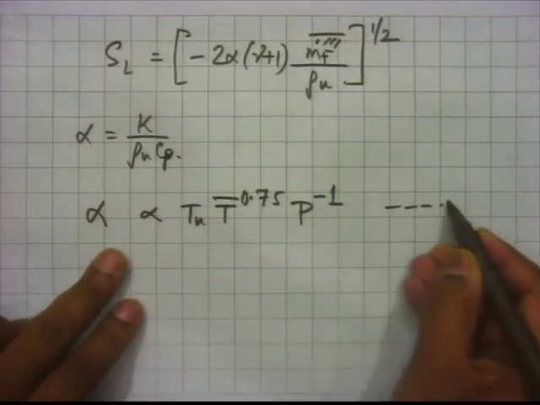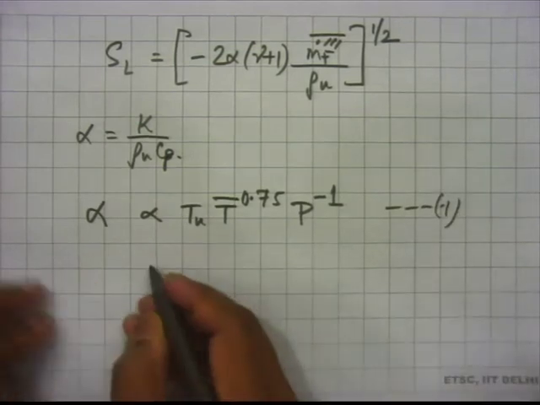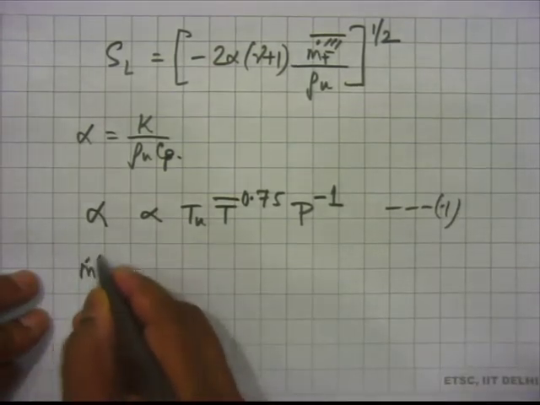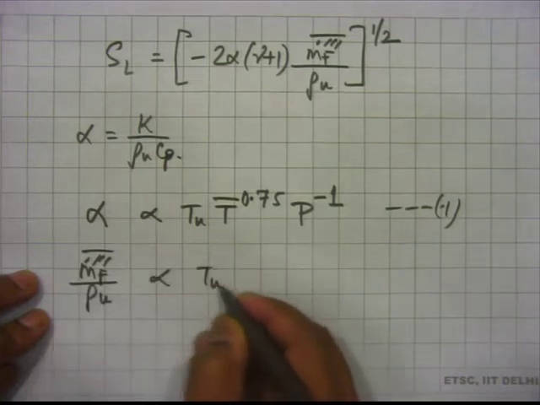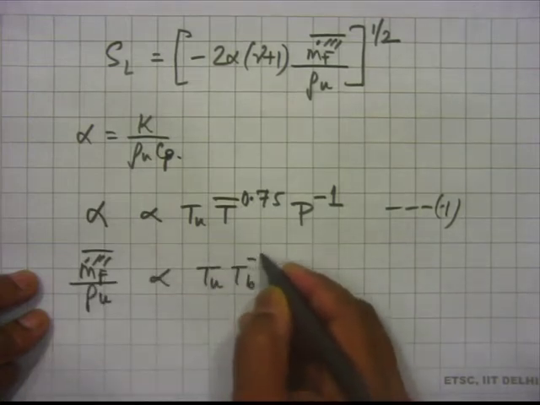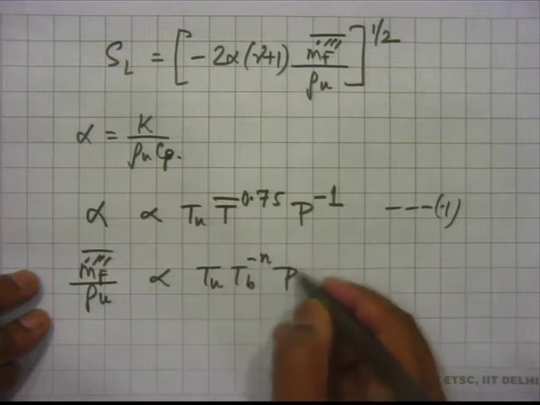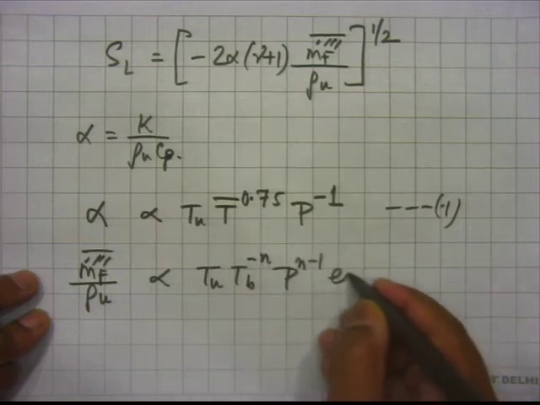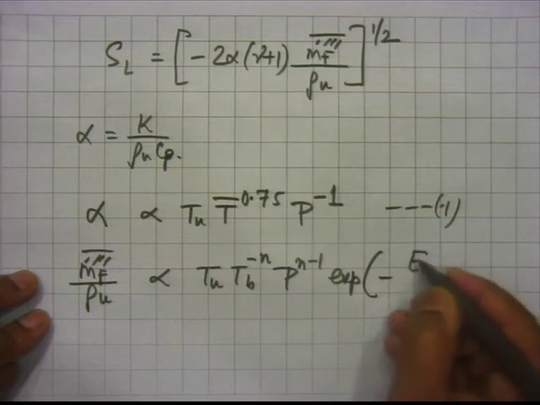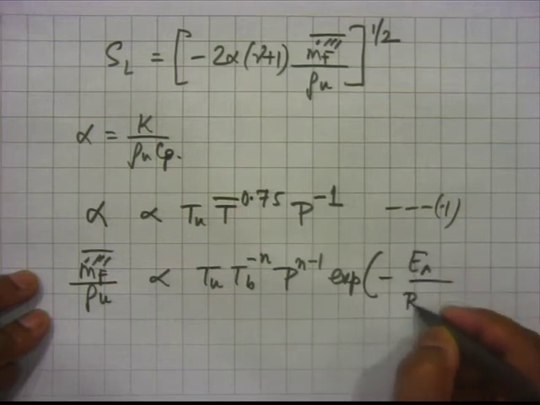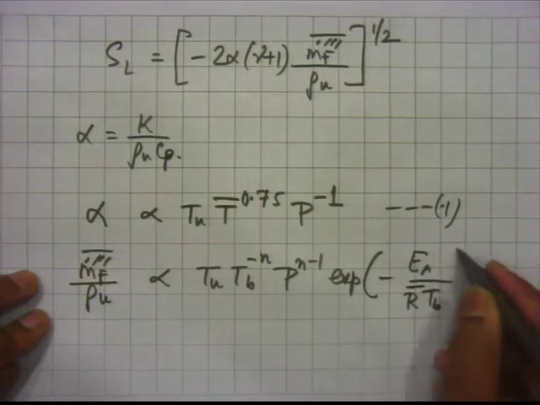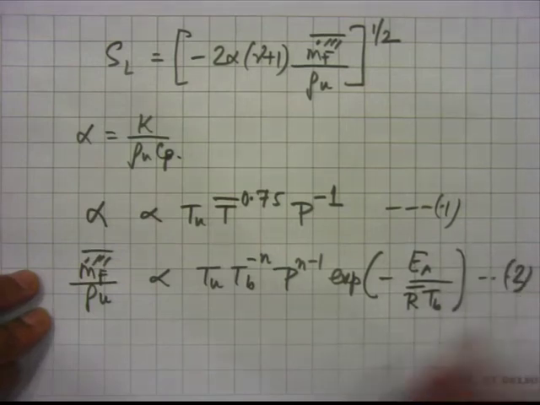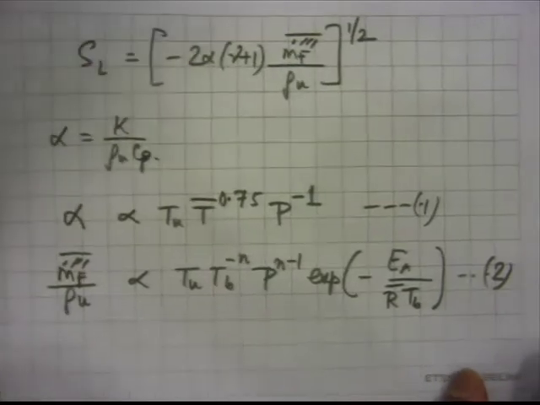Let us call it maybe 1, and then we also have m dot f triple prime bar divided by rho u proportional to, so that is your number 2. Okay.